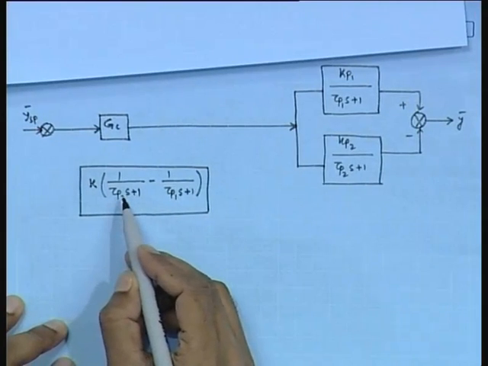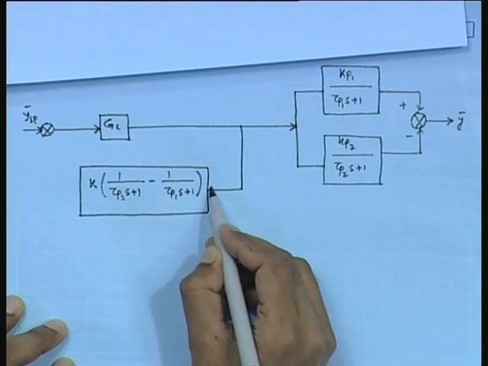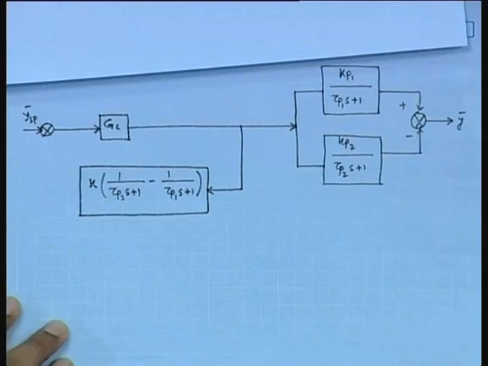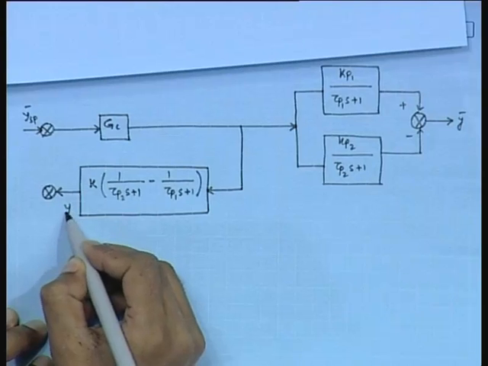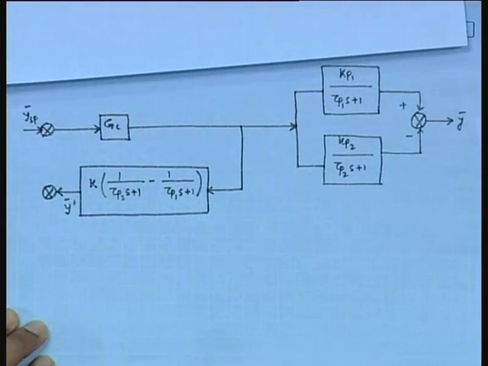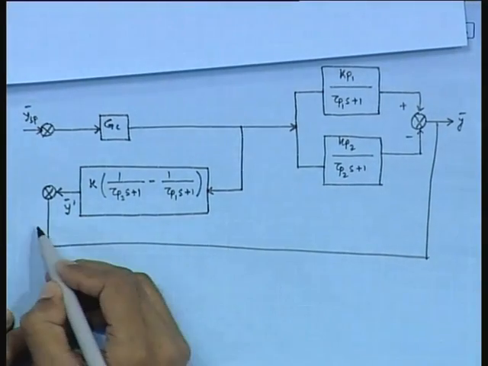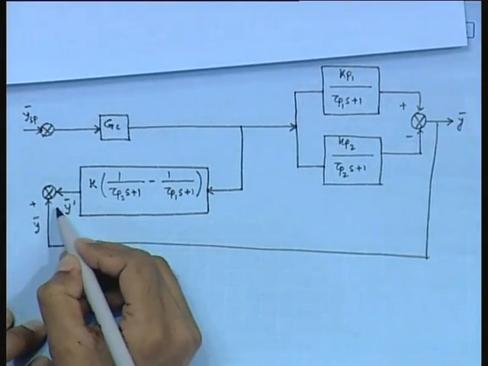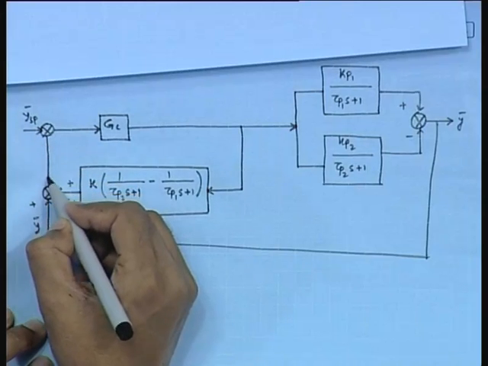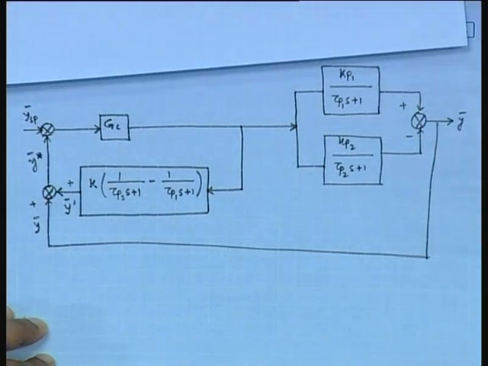Definitely it is multiplied with Gc. So, we can consider this input. Output is y prime and y is the output of the process. If these two signals are added, then we obtain ideal response, I mean inverse free response.